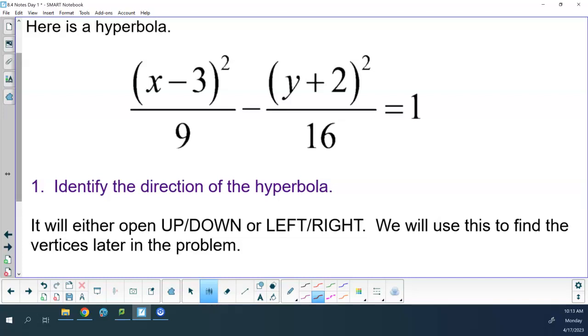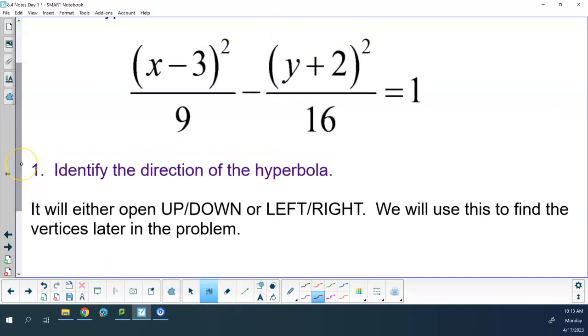Is it going to open left and right, or is it going to open up and down? We'll need that for drawing it later. We'll need that for vertices later. We'll need that for foci later. So again, the kicker here is that you look for which squared term is positive.